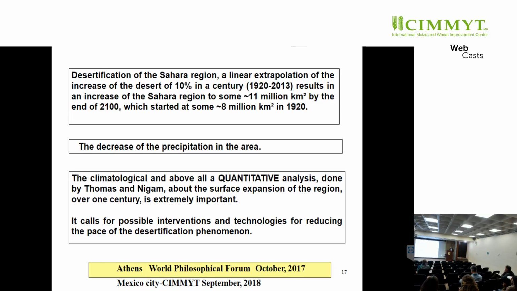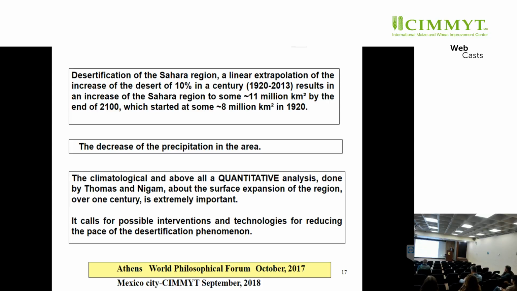Desertification is a linear extrapolation, as I said, with the number of square kilometers, etc. Decrease of precipitation: we speak today of 100 millimeters per year as a threshold, and that is decreasing. So can we imagine there a population of today of 250 million people?